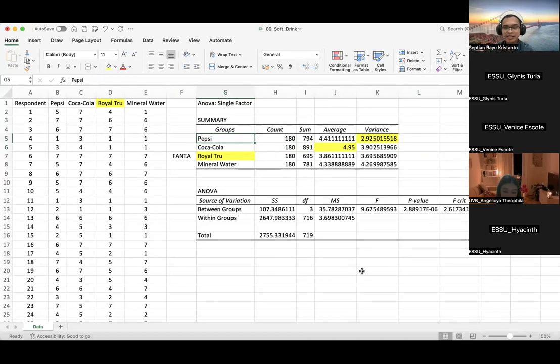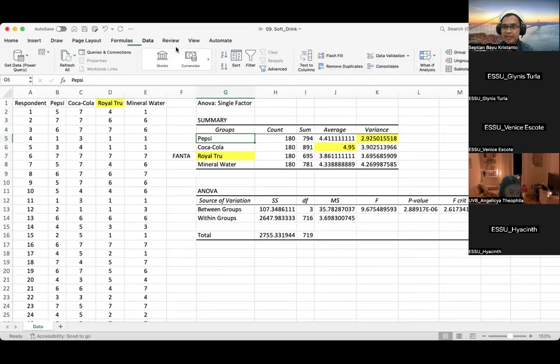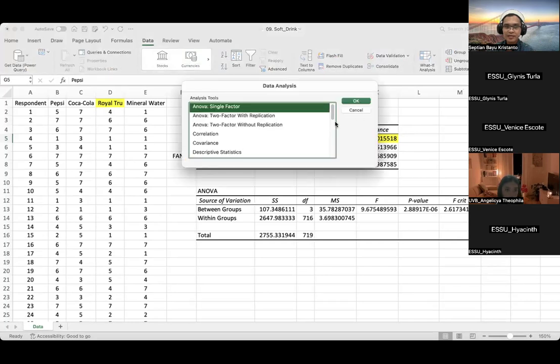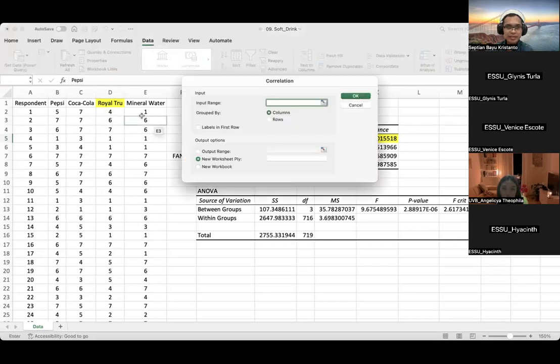What kind of optimizations? Please choose the two products that could be substitutes or complements. So we can make some relationship analysis. In this case, we can do some correlations.